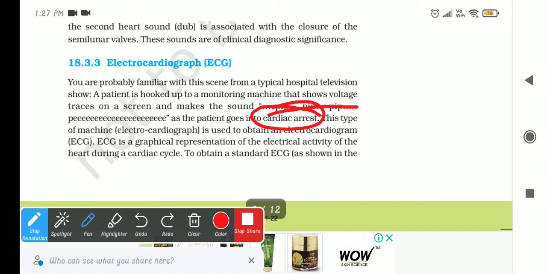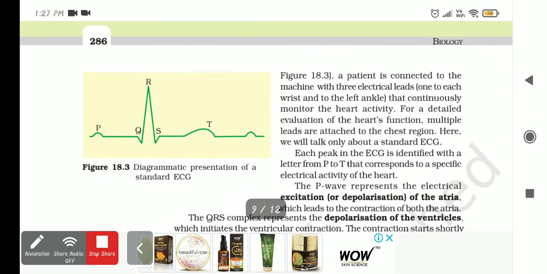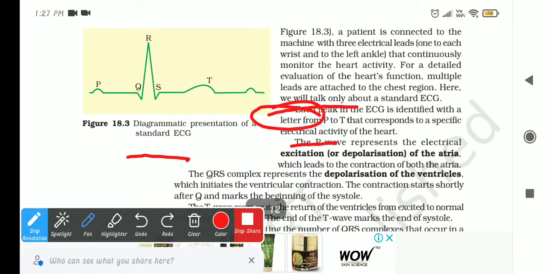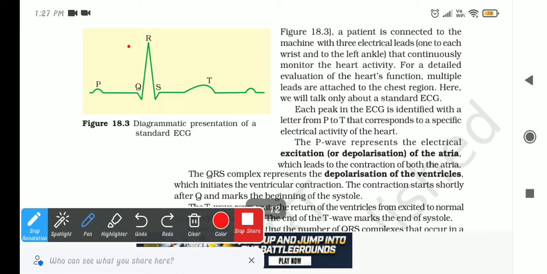It is used to obtain the electrocardiogram, which shows the graphical representation of the electrical activity of our heart during the cardiac cycle. So to obtain the standard ECG, it is used. This is how it looks, and this is the diagrammatic representation of the standard ECG.